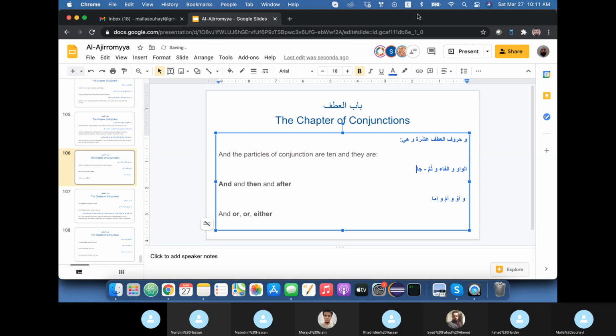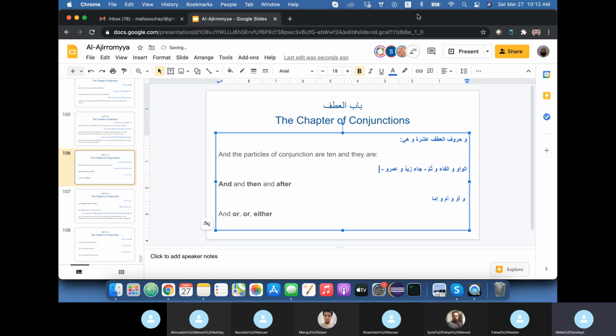So you would say, for example, جاء زيد وعمر. So here I'm just simply saying that Zayd and Amr came. I'm not really indicating the order.